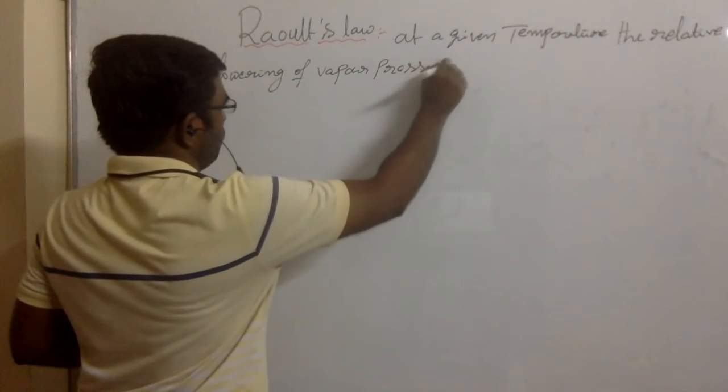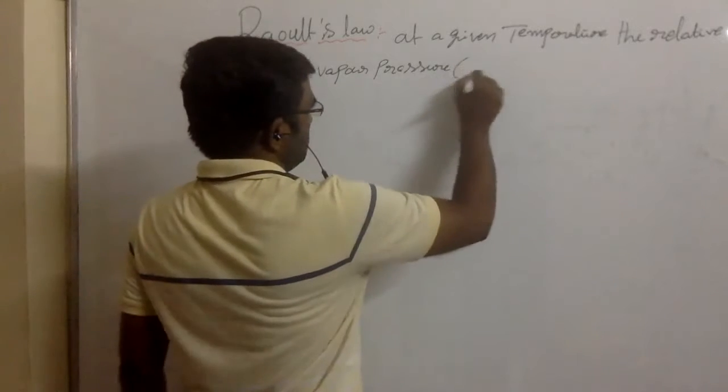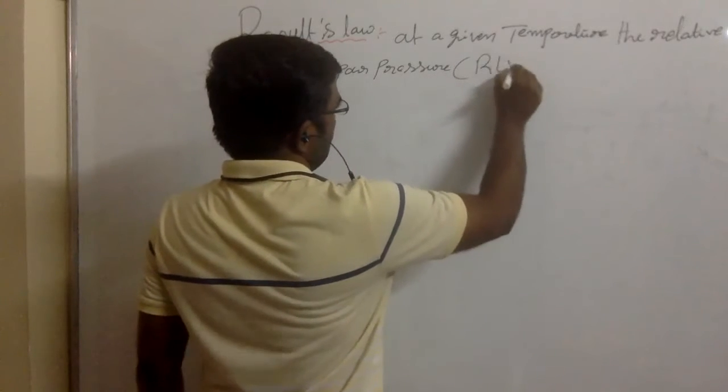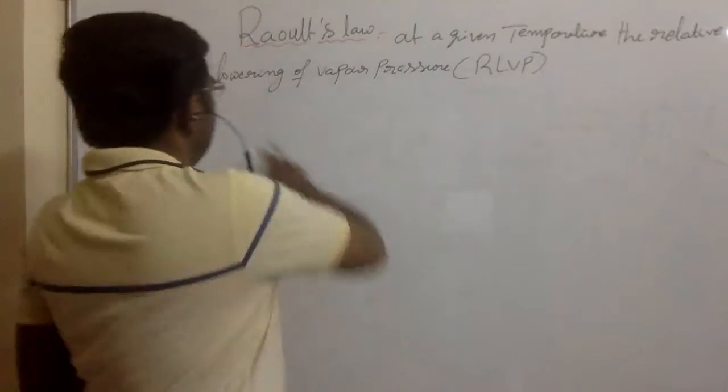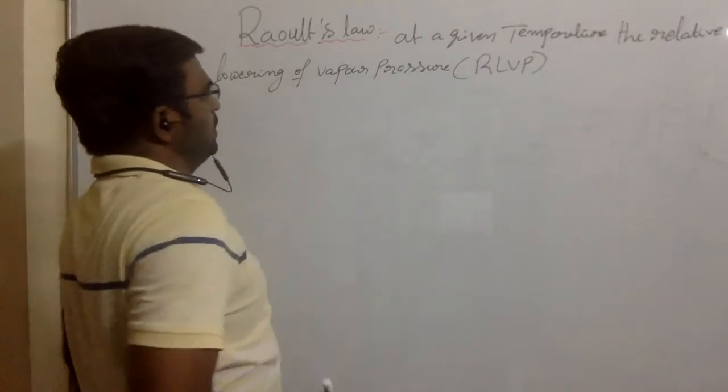Which one? Vapor pressure. Simply it is represented by RLVP. The full form of RLVP is relative lowering of vapor pressure.